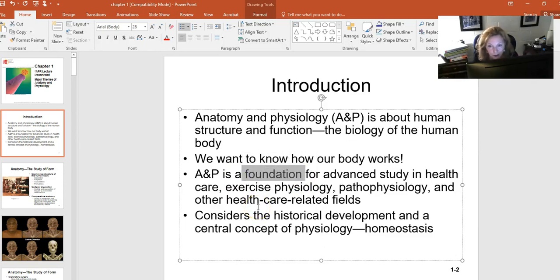And I can promise you, from my 15 years in clinical medicine, that it is very obvious when someone out in the clinical field doesn't have this foundation. You don't want to be that person. You want a very strong foundation. So that's my challenge to you.